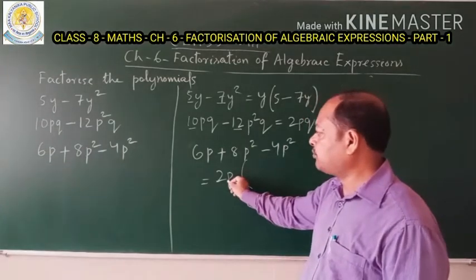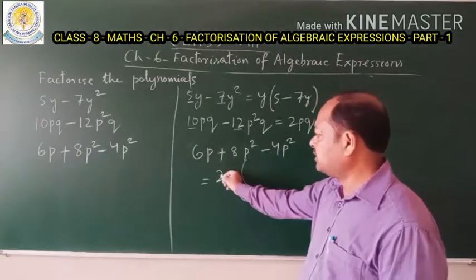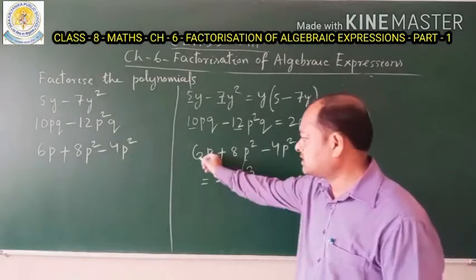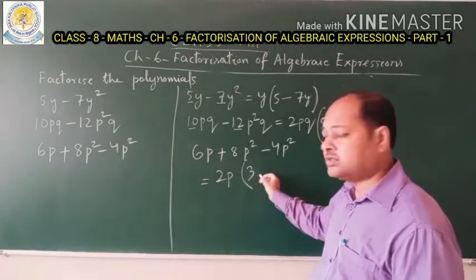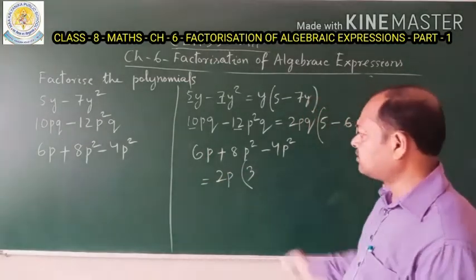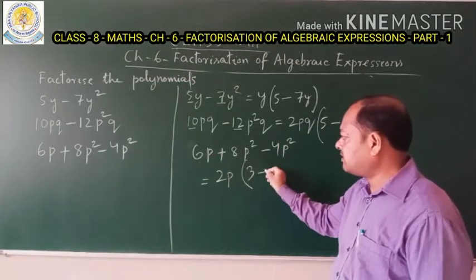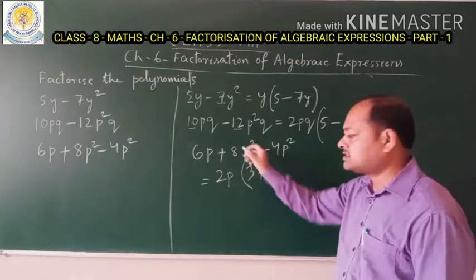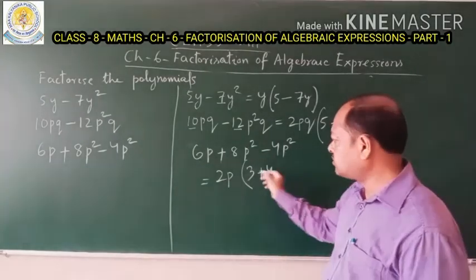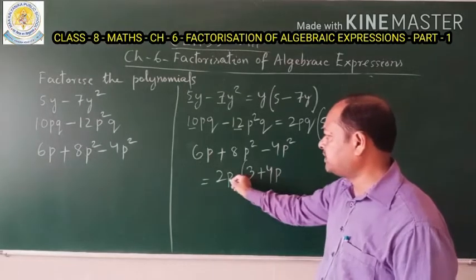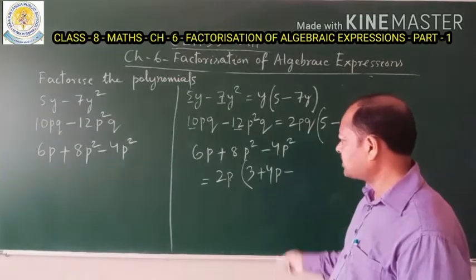Then 2p multiplied by which term gives 6p? 2 into 3 is 6, and p is already taken as common, so no need to write a literal here. Now look at the second term. Here 8 is there. If I multiply by plus 4, 2 into 4 is 8, and one p is already taken as common, so another p has to be written, because p into p is p square. Now put a minus sign here.